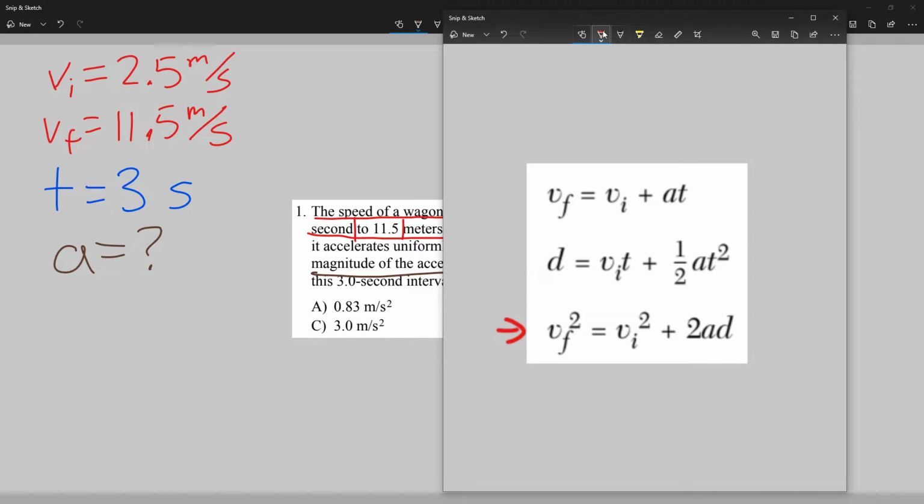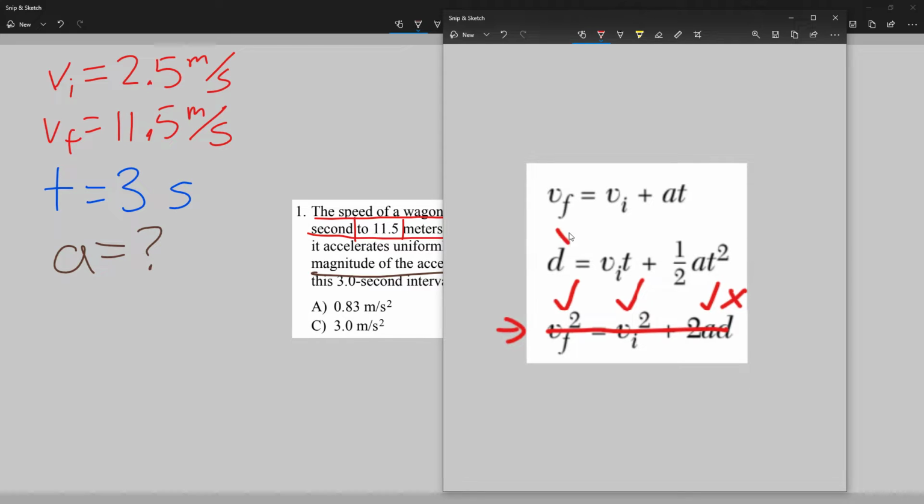Let's see which formula we need to use. Let's look at the bottom one. Do we have VF? Yep. Do we have VI? Yep. Do we have A? We're solving for A, so sure. Do we have D? We don't have D, so we're not going to use this formula to solve the question. Let's look at the second one.